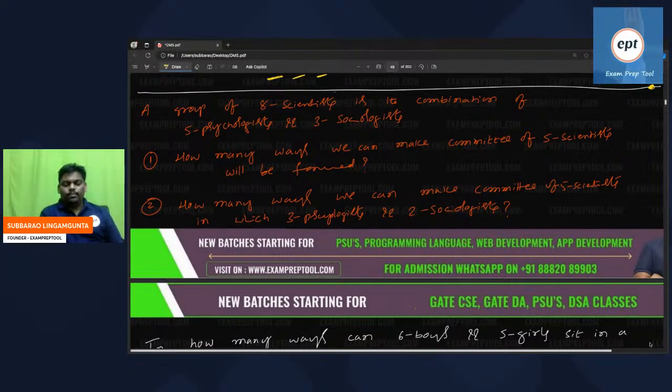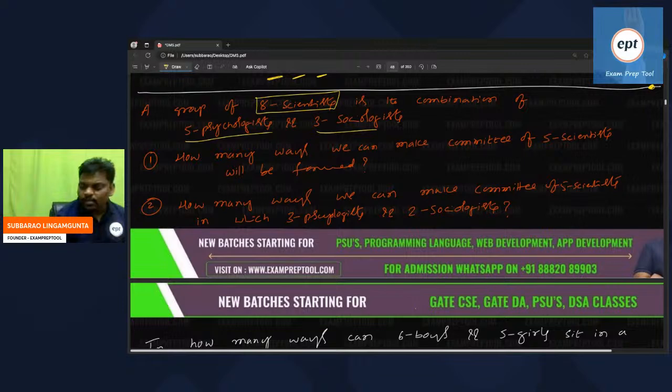You have 8 scientists, a combination of 5 psychologists and 3 sociologists, and you have to make a committee of 5 people. So out of 8 people selecting 5 people, 8C5.